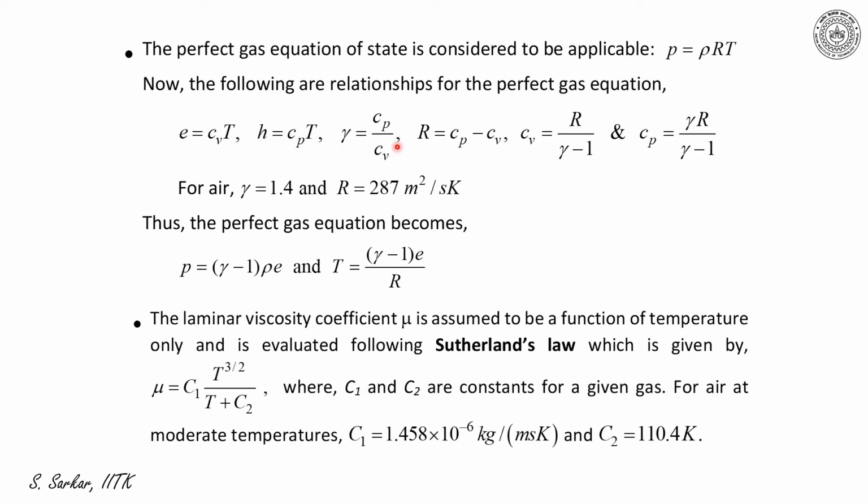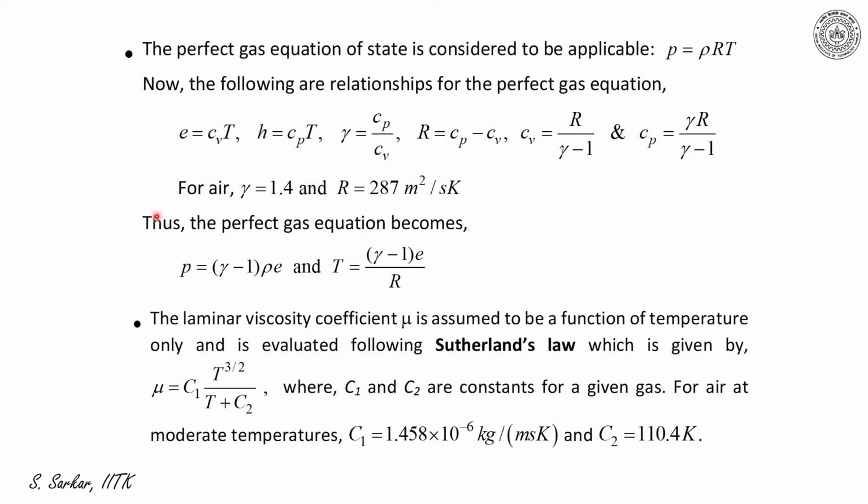Gamma is equal to Cp by Cv, and R equal to Cp minus Cv. Thus, we can write Cv is equal to R divided by gamma minus 1, and Cp is equal to gamma R divided by gamma minus 1.